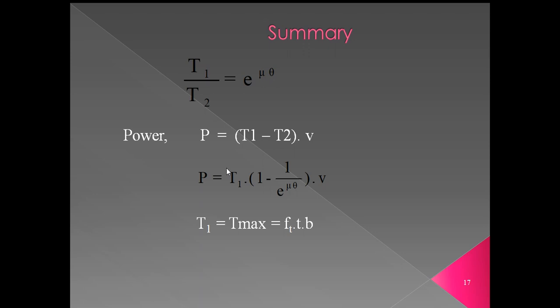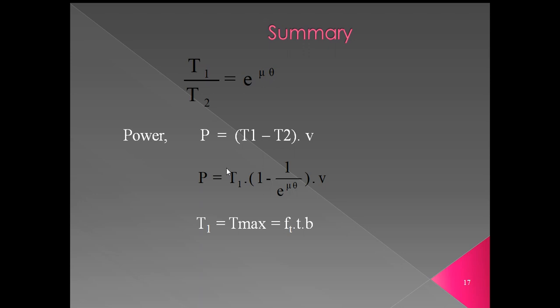Power P equals (T1 minus T2) into V. So T1 minus T2 is the tangential force, and V is the speed of the belt in meter per second. Here P is in watts, and V is in meter per second.